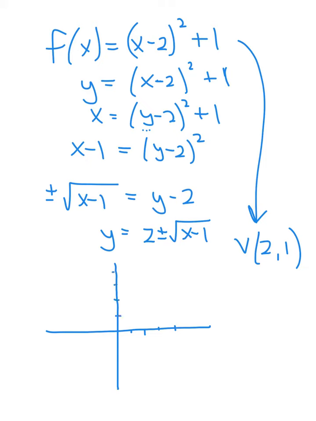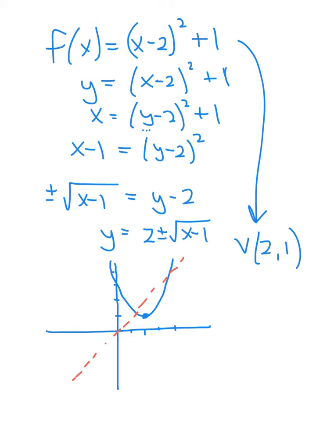And 2, 1 is there. And we know that this parabola goes up, and we'll just draw any parabola like that. The line y equals x will come right down the middle here like this. So we know that the blue line will be a reflection in the line y equals x.